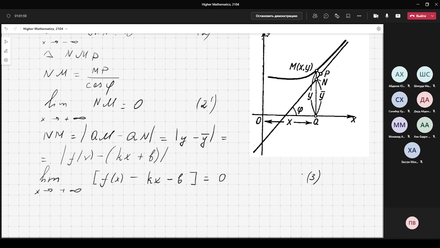To summarize, if the straight line 1 is an asymptote, then 3 is true.